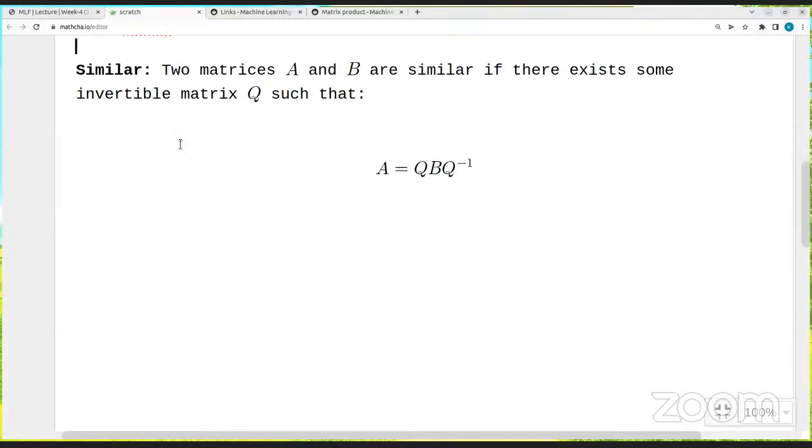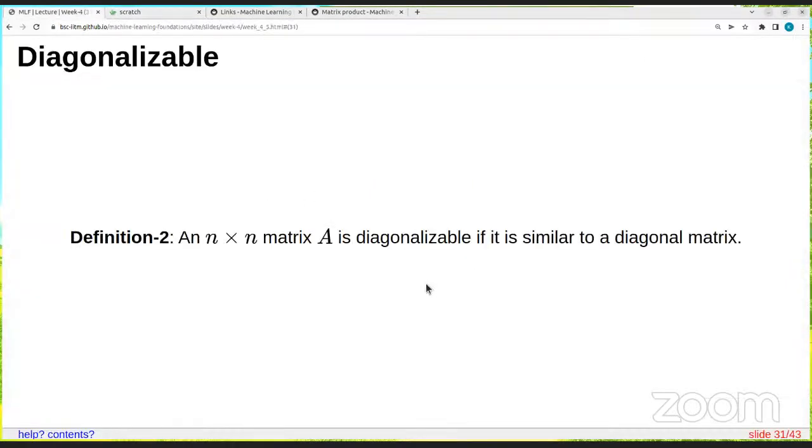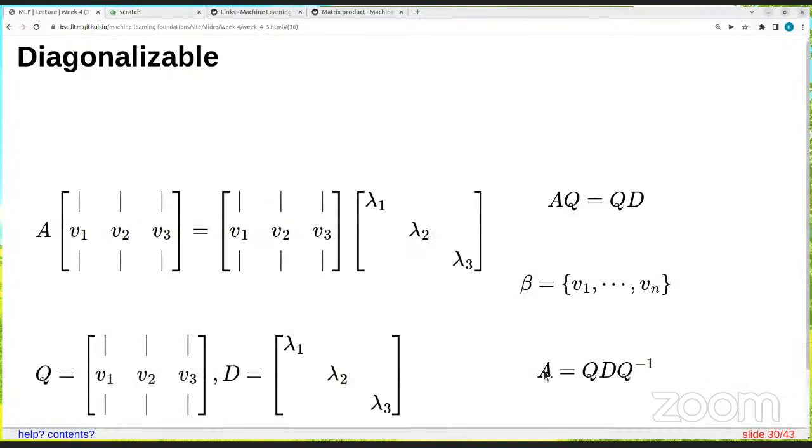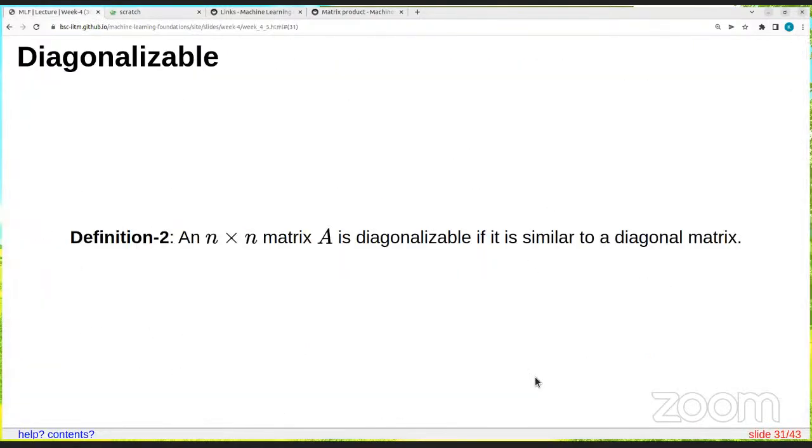This is again a very algebraic definition, but we have to live with this. So what we have here is A equal to QD Q inverse. So A and D are similar. Q is invertible. So this is the second definition of diagonalizability. What is a diagonalizable matrix?